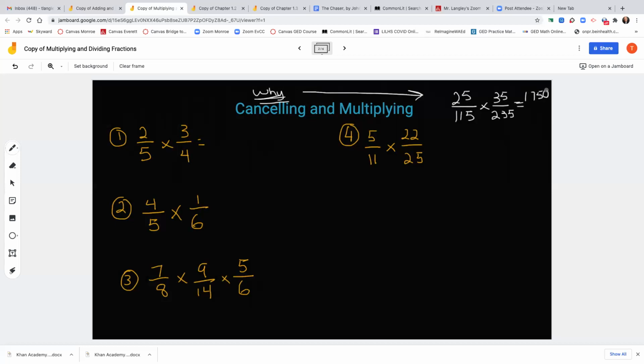I don't have it in my head. This is hypothetical, okay? And then 115 times 235, and let's say it was 15,250. Okay, all right. And then it said reduce all your answers to lowest terms.